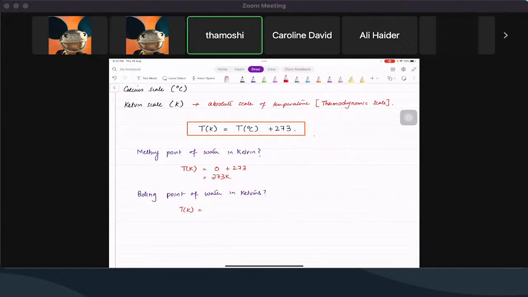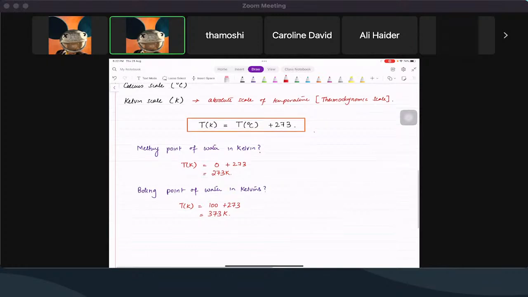Anybody knows? 100 degrees Celsius. So we write 100 plus 273. That would mean it is 373 kelvins. Is it clear, everybody? Any questions?